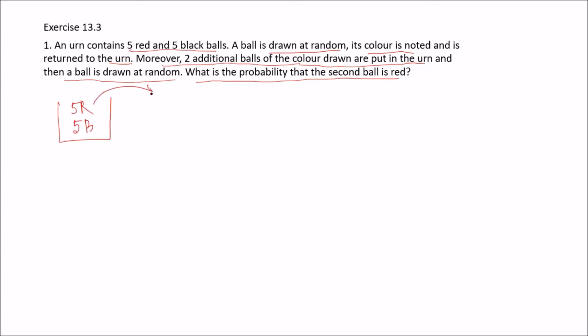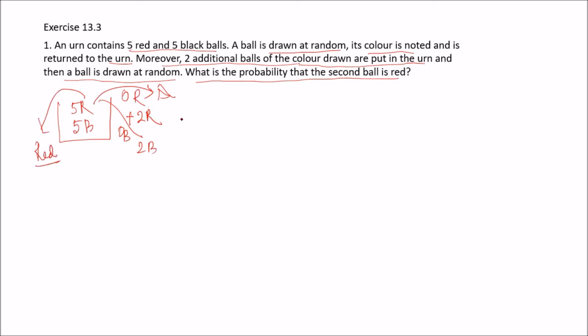One ball is taken out and seen. The color is noted. Then if it is red, 2 more red are added, or if it is black, then 2 black are added there. And the second time, one ball is taken out and found to be red.